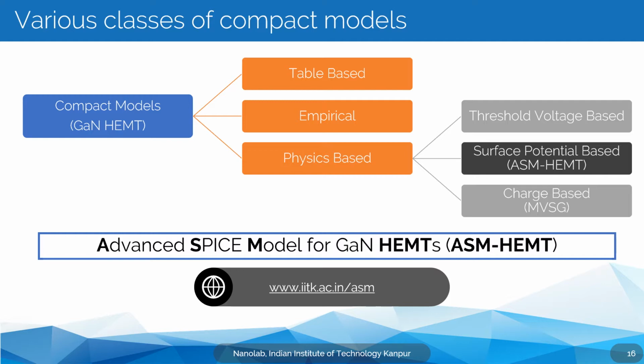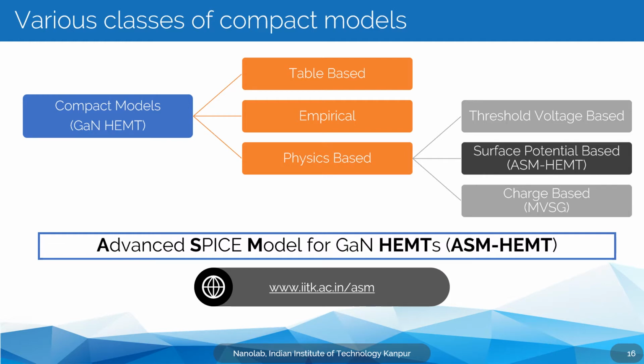They're not derived from physics, and as such, you can't expect them to be scalable or to give you any insight about the device. Then come physics-based models, and they are also divided into 3 categories. Some can be threshold voltage based, some can be surface potential based like ASM-HEMT, and some can be charge-based, like the MVSG model from MIT.